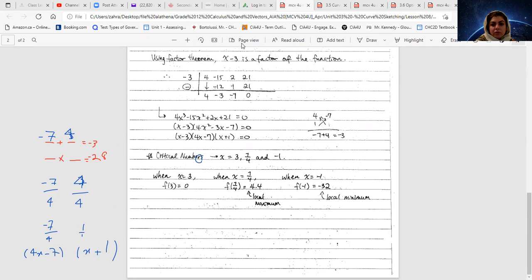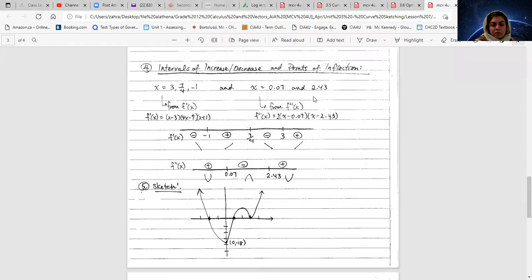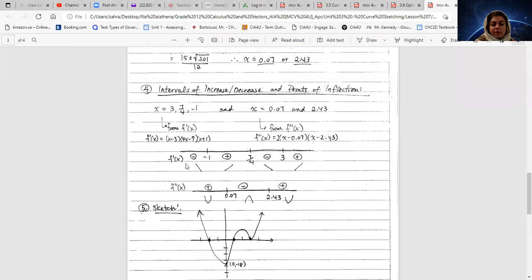So I'm just going to erase this. Now, here we need to find the sign of our f prime, so the zeros are -1, 7/4, 3. You write them from smallest to biggest. You choose a test point.